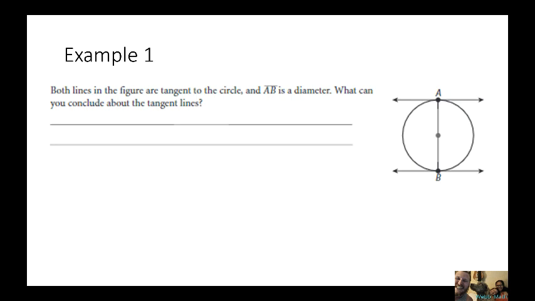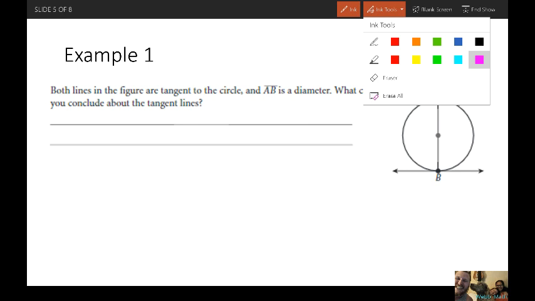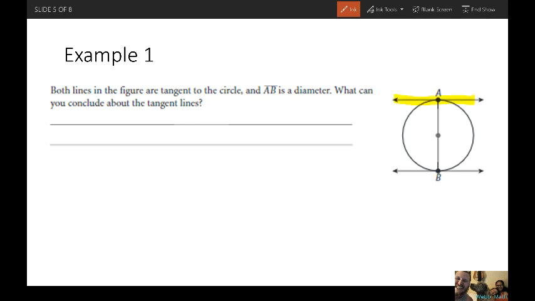So in example 1, if both of these lines are tangent to the circle, and we have our points of tangency, point A, point B, and as we can see, we're coming through the radius. So if you have a tangent and a radius, you can apply the tangent radius theorem, which basically says this guy's 90 degrees, and this guy's 90 degrees.